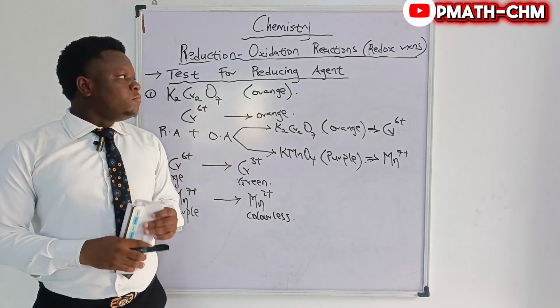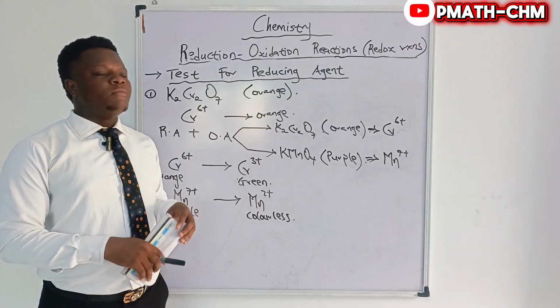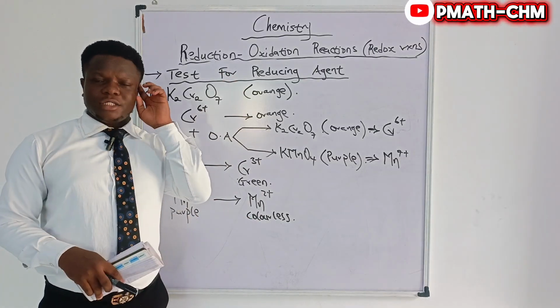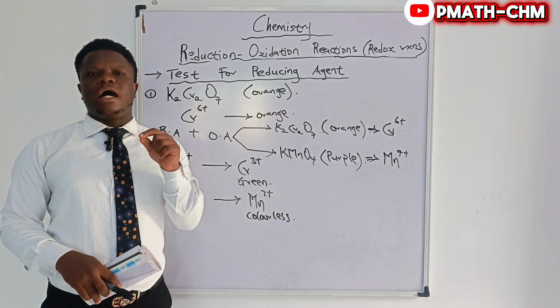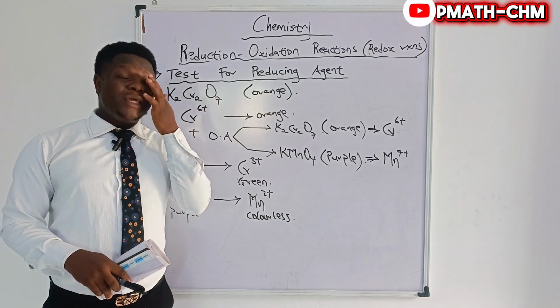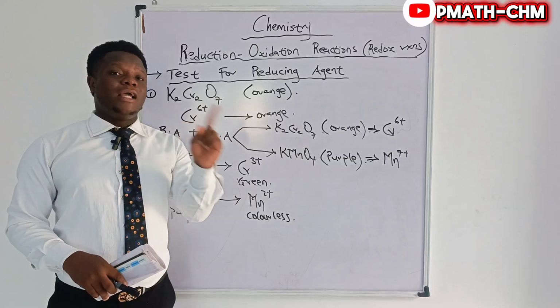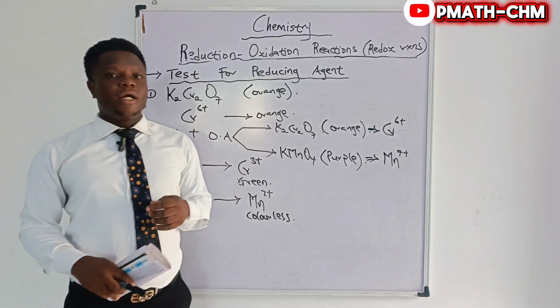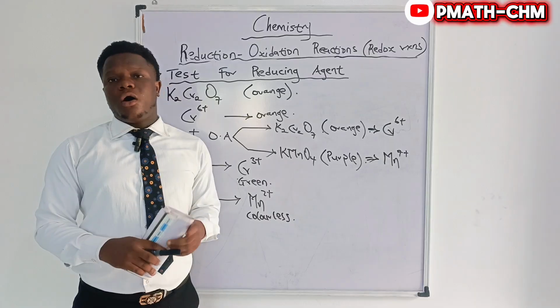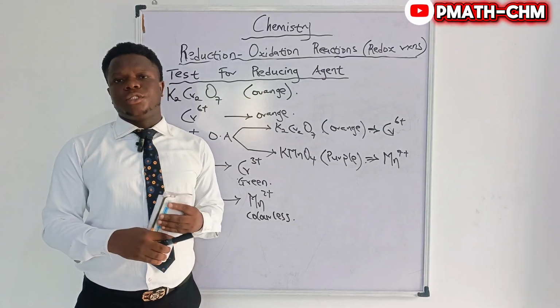Now, for this video not to be long, we're going to cut it here. But before then, I'm going to write out some questions on tests for reducing agent. Now, you should take note that it is possible for a particular substance to behave as both an oxidizing agent and a reducing agent. Yes. For example, sulfur(IV) oxide is a common example of such a substance.